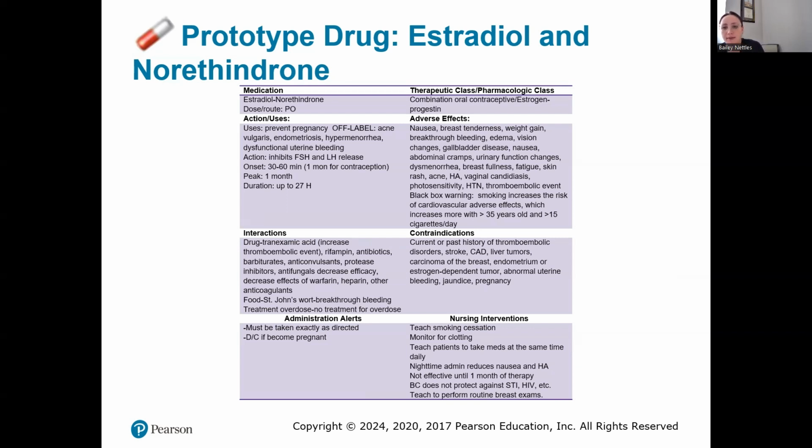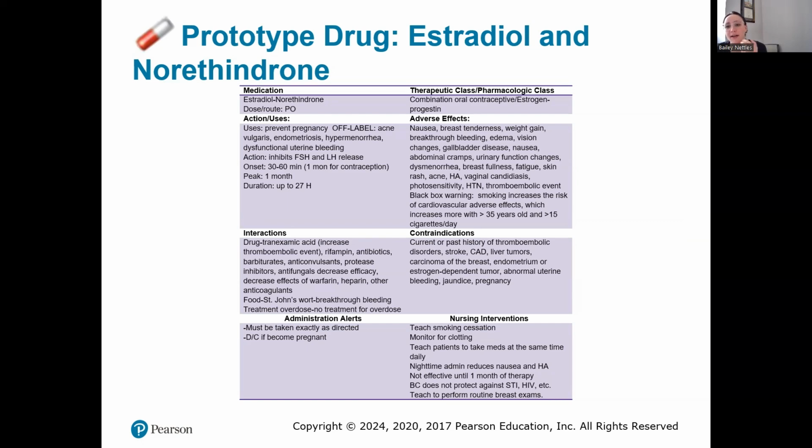So it inhibits FSH and LH release, which inhibits ovulation. So one important thing to teach them about when they start a birth control, they are not effective for 1 month, okay? So though it starts working in 30 to 60 minutes and your periods will regulate themselves, the contraception part does not happen for 1 month, okay? That's important to tell someone.